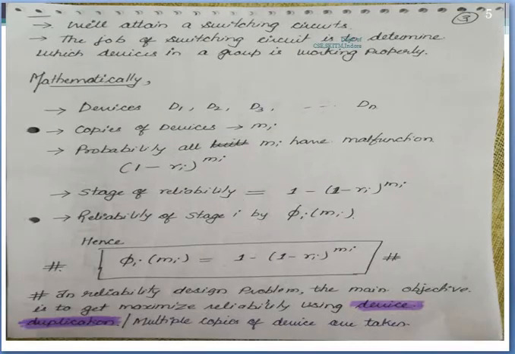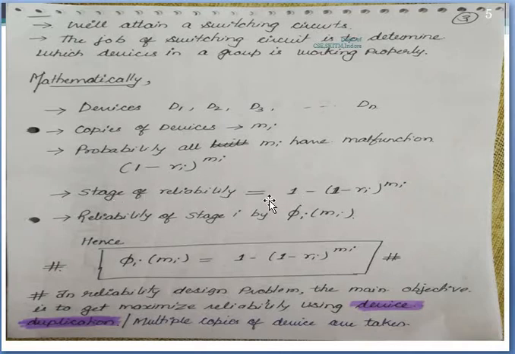So here we attach a switching circuit. The job of the switching circuit is to determine which device in a group is working properly. Mathematically, I have devices from D1 to Dn, and the copies of the device we represent with mi. The probability that all mi copies malfunction is (1 - ri) to the power mi.